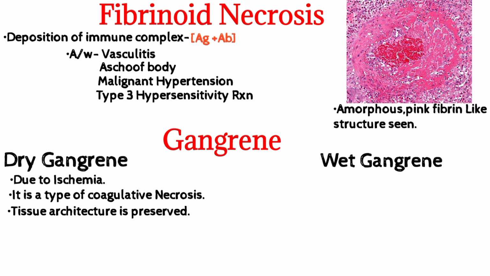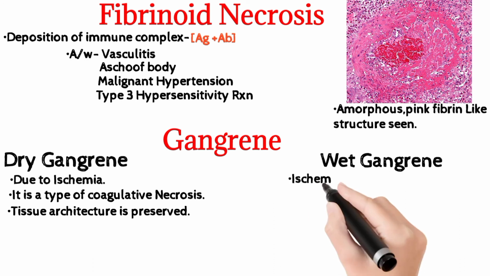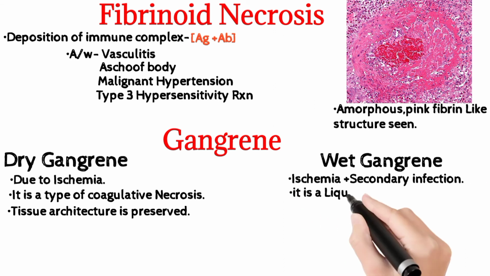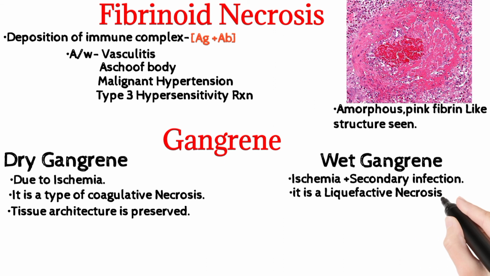Whereas in wet gangrene, bacterial infection releases various toxins and enzymes, so it is called wet. It occurs due to ischemia and secondary infection. Wet gangrene is a type of liquefactive necrosis.